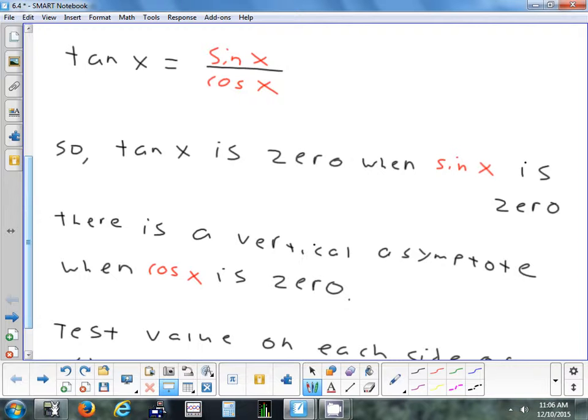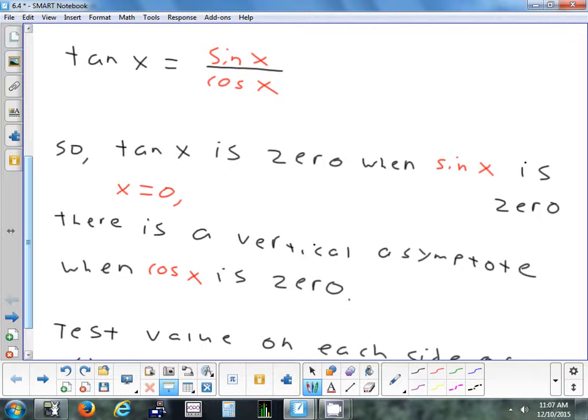All right, so when is sine 0? Can anybody give me one value I would plug in for x, take the sine of it, and the answer would come out to 0? Yep, 0. What's another value you could plug in for x, take the sine of it, and y comes out to 0?